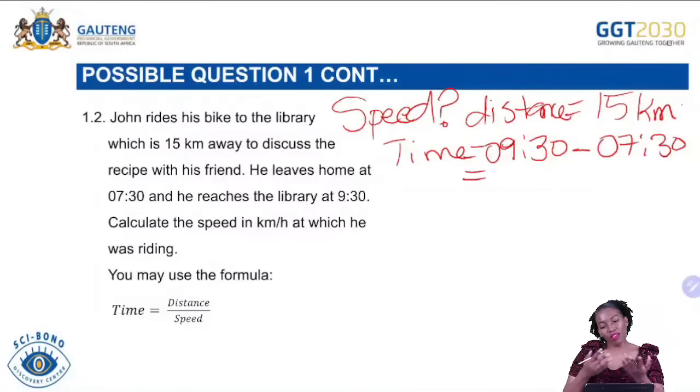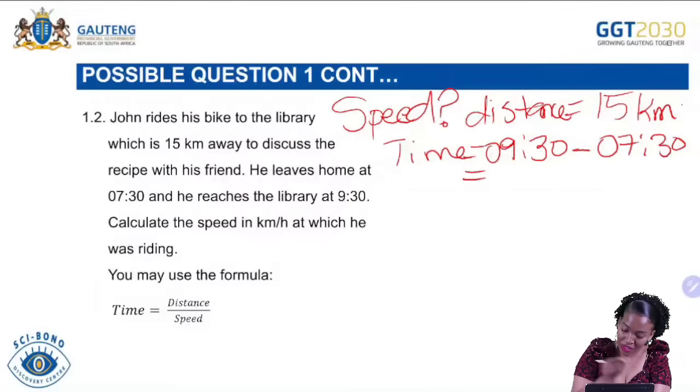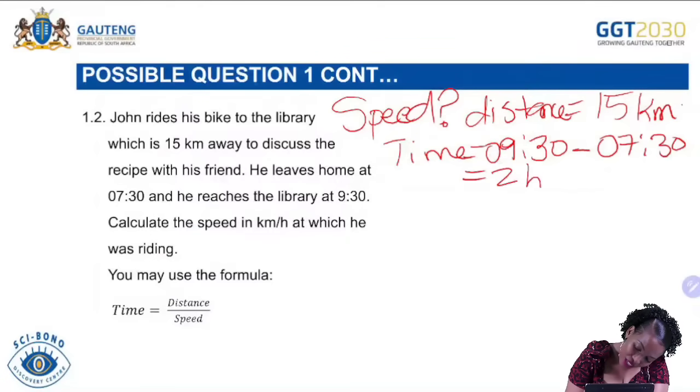I can do this on my fingers: from 7:30, 8:30, 9:30, which is 2 hours. If you don't know how to do it like this, you can use your calculator. Ask your teachers to show you how to calculate time using your calculator, because there is a shorter and easier way of doing it. So 9:30 minus 7:30 is actually 2 hours.